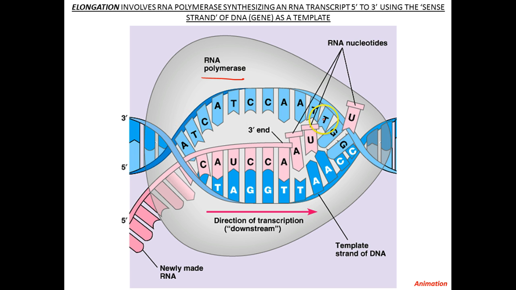Remember how RNA nucleotides differ from DNA nucleotides: they have a ribose sugar, instead of T they have a U, and RNA is single-stranded. First, it will untwist a segment of the DNA, and then it starts transcribing by adding complementary RNA nucleotides, growing in a 5 to 3 prime direction. One strand of the DNA, this 3 to 5 prime strand, is your template DNA, and the other strand is the non-template.